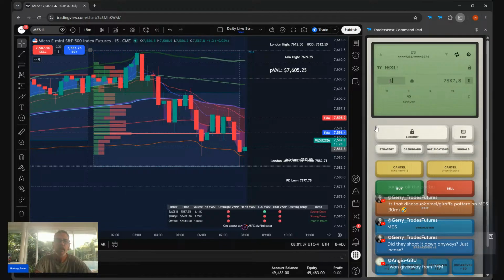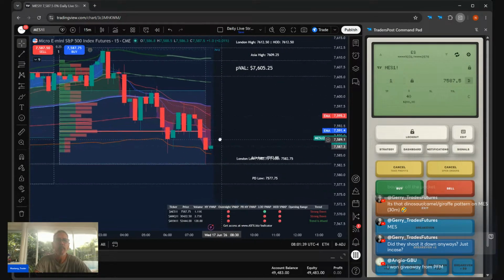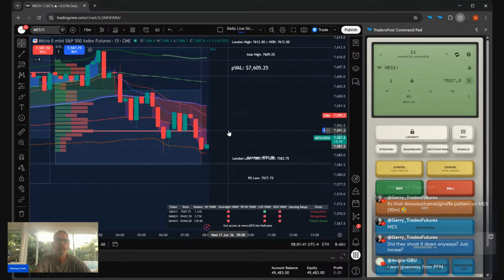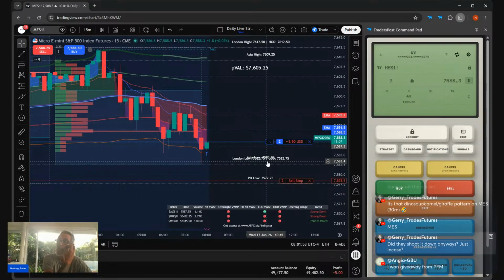Here's my one MES buy off this deviation band, looking for it to come back up into a little bit of a higher volume area.